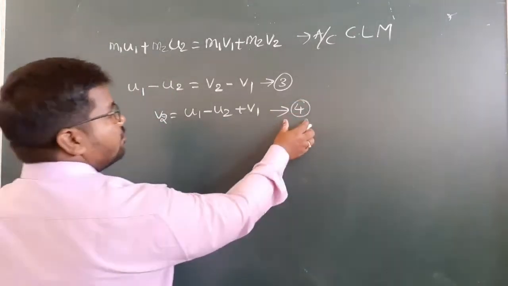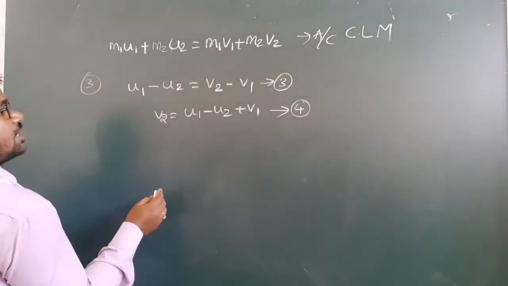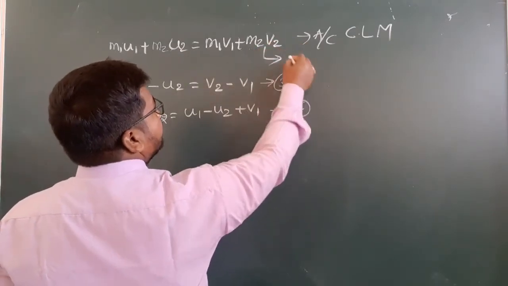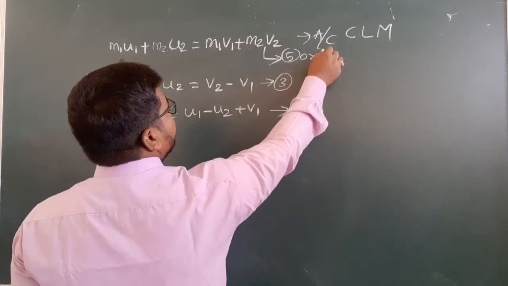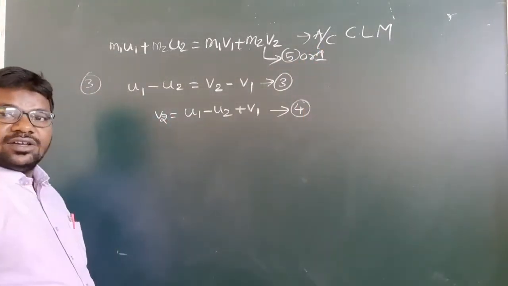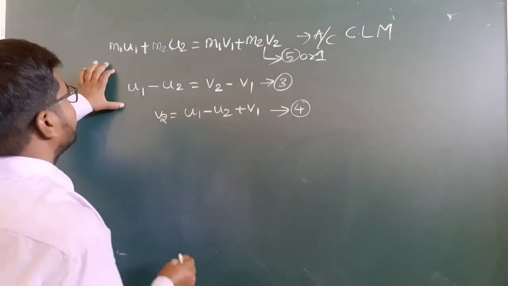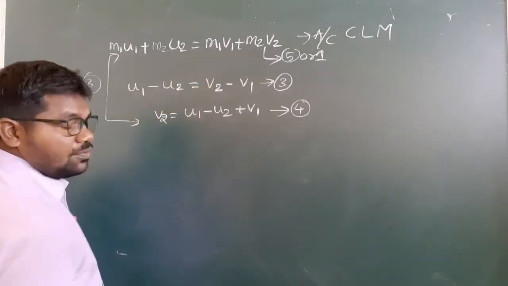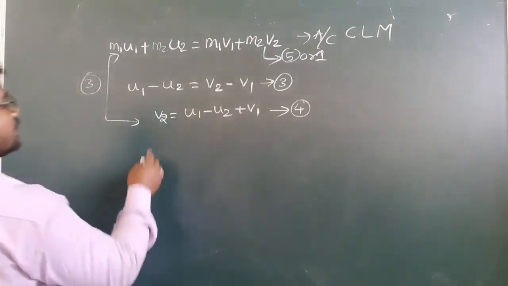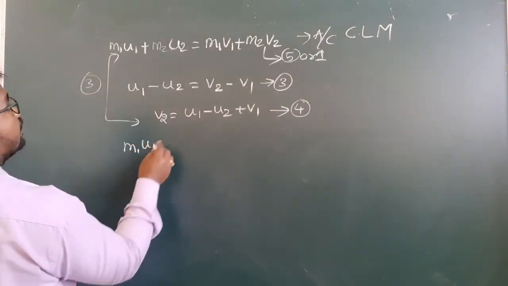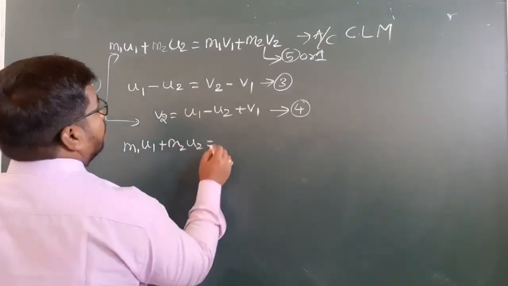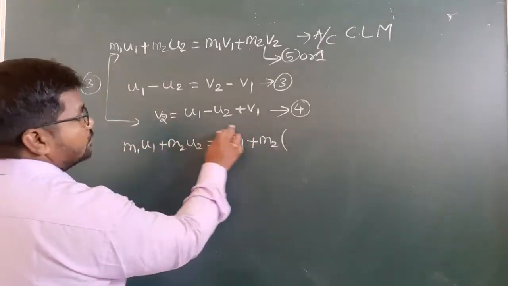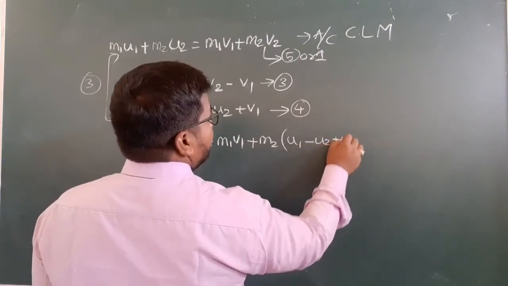So equation 4 we can substitute in the first equation. From these two equations, we substitute this value to get the final velocity v1. See here: m1 u1 plus m2 u2 is equal to m1 v1 plus m2 v2, with v2 equal to u1 minus u2 plus v1.